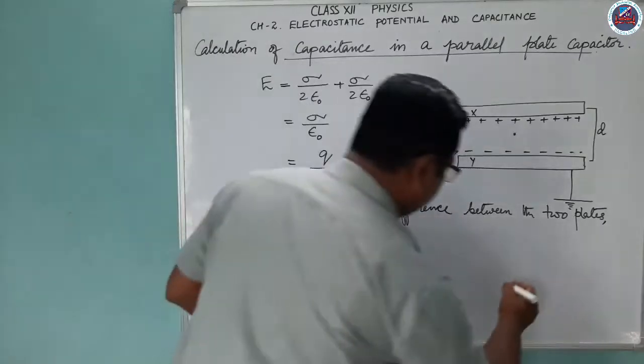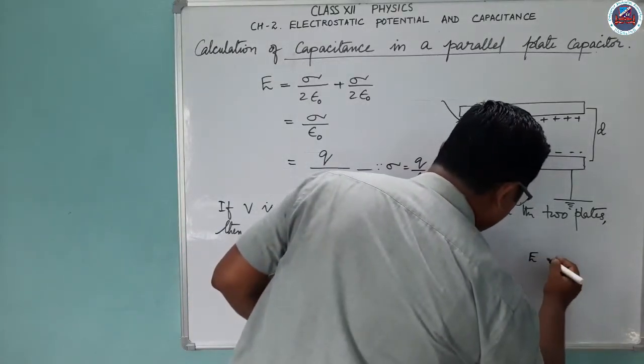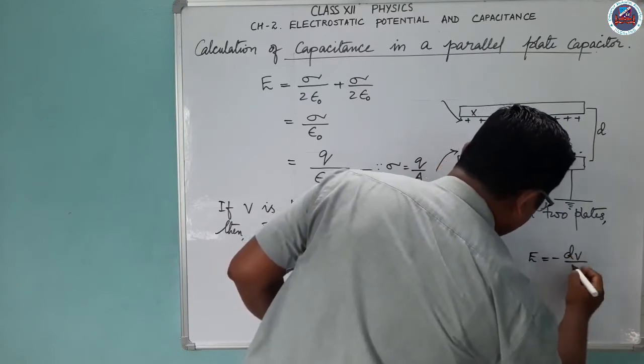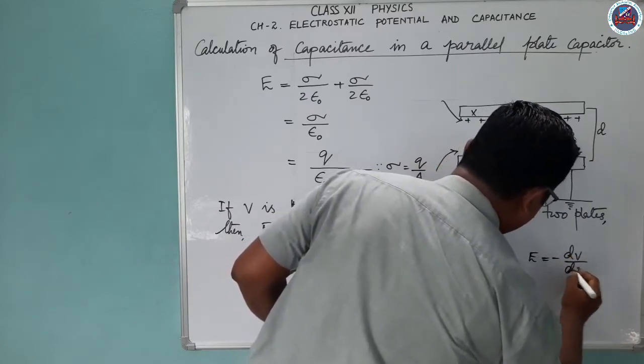This comes from the relation between electric field intensity and potential that we derived earlier.